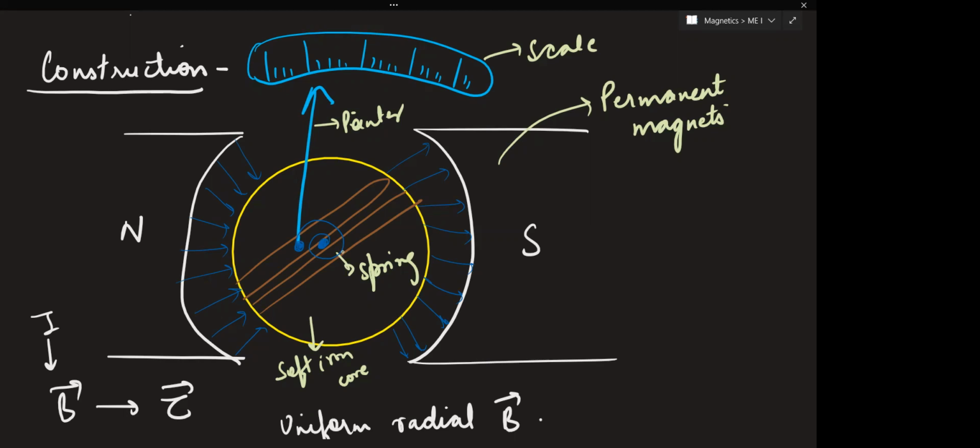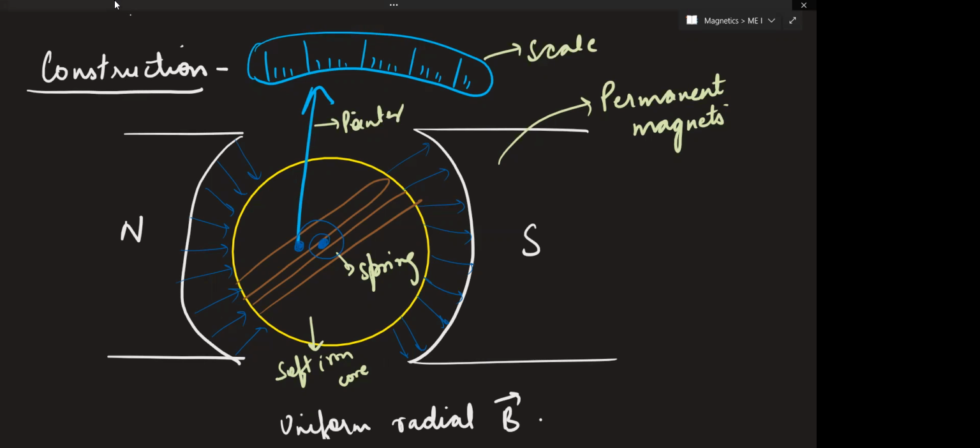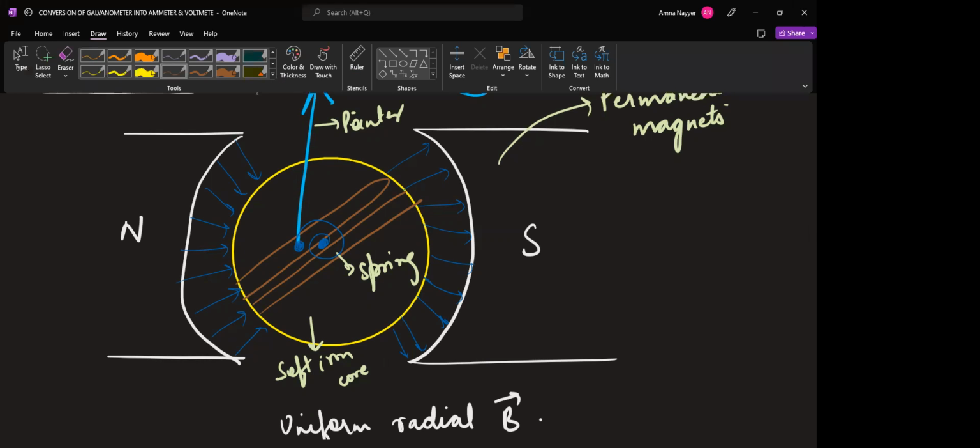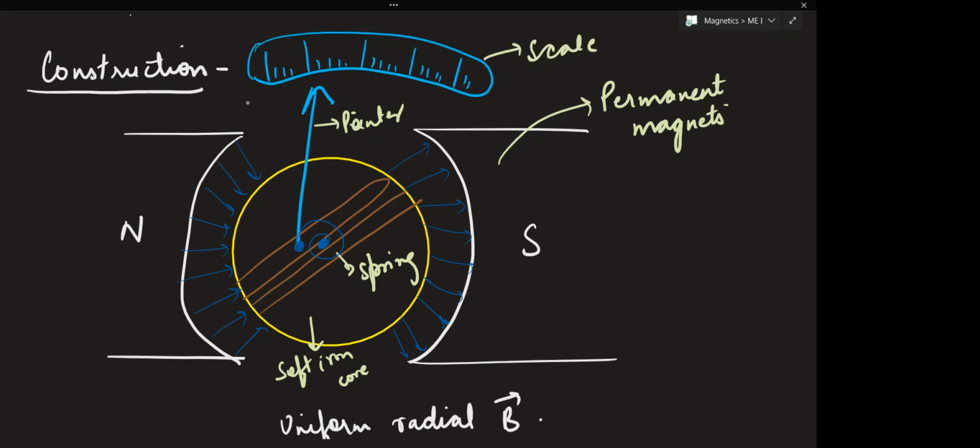Fine. Now what happens? Because of current that occurs in the circuit, here, because current exists, and what we have studied, a torque will exist here because of the radial magnetic field that is existing.